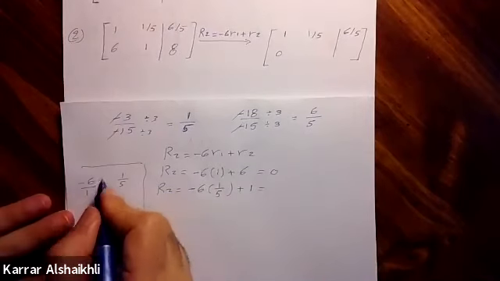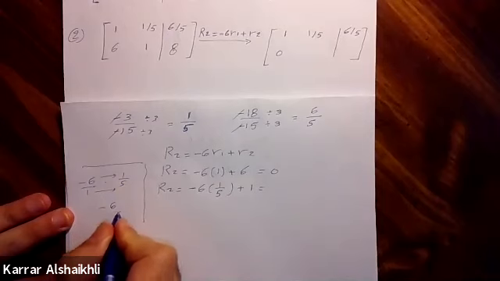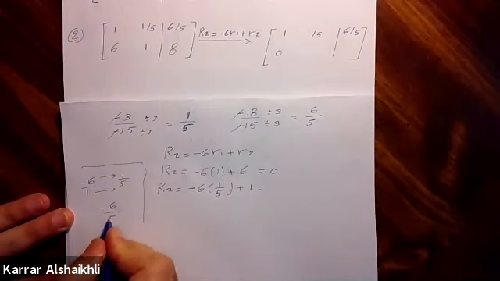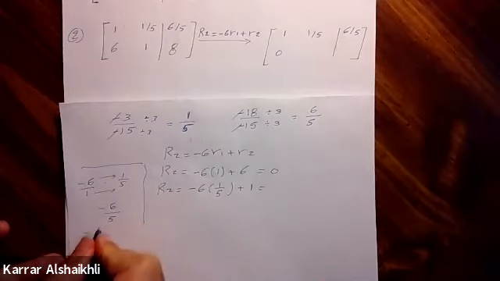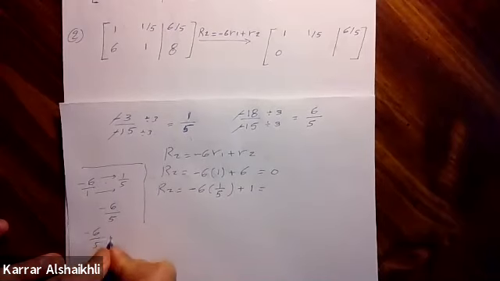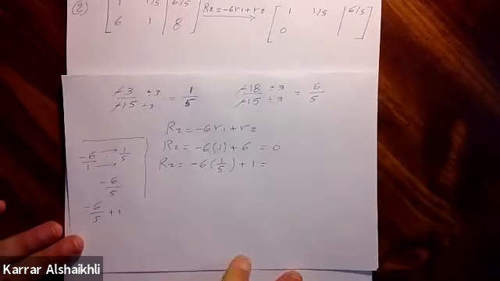Now we're going to multiply straight across. -6 times 1 is -6. 1 times 5 is going to be 5. Now I have to add this one to 1. So I'm going to add -6 over 5 plus 1.